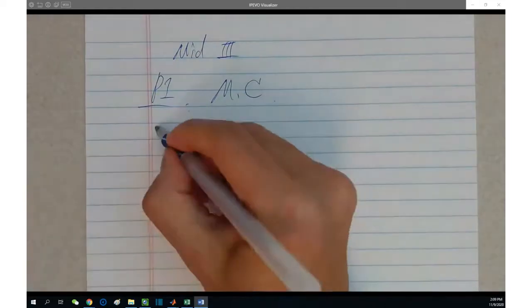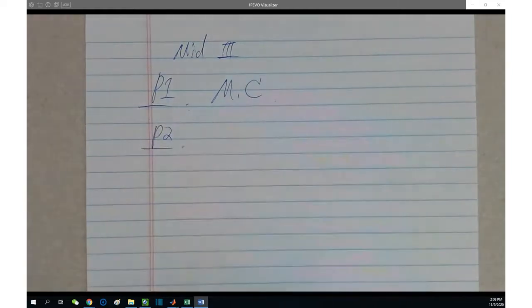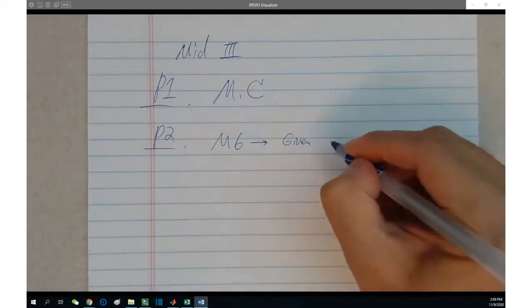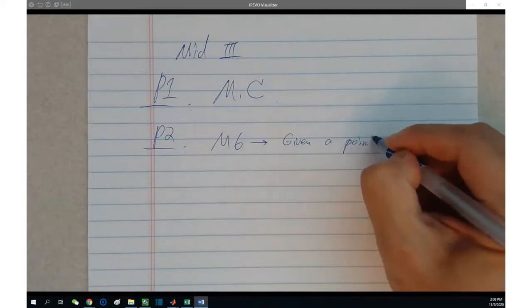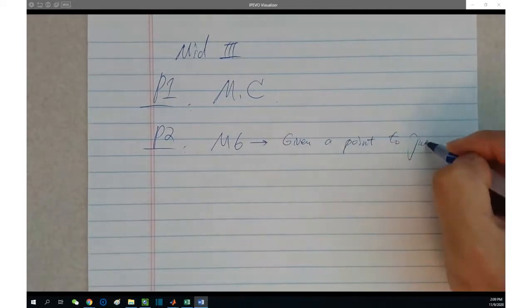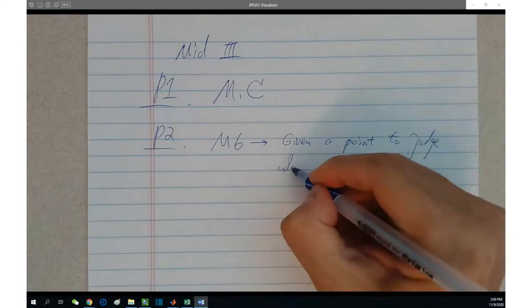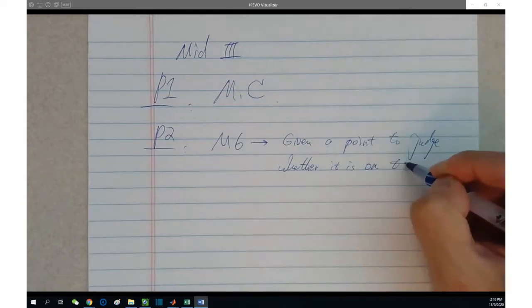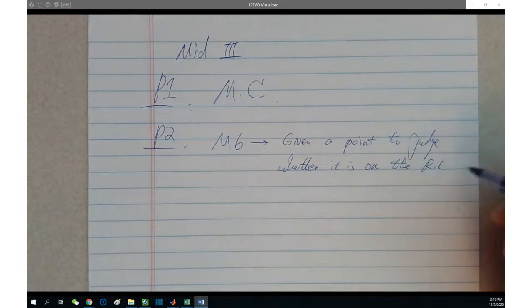Problem 2 is from module 6. Given a point, judge whether it is on the Locus.